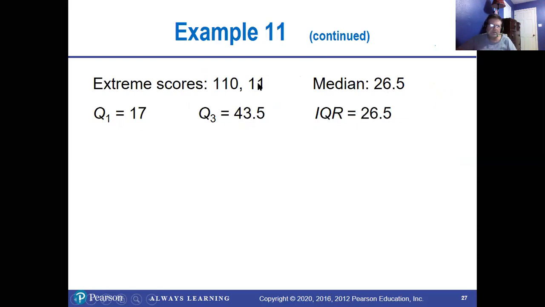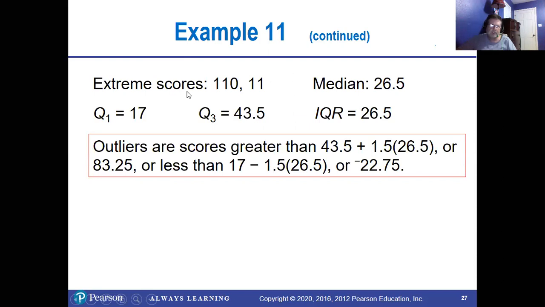Now we need to decide, are these numbers going to be outliers or not? So it says outliers are scores greater than 43.5 plus 1.5 times 26.5. Okay, notice the numbers we're using. Let's share that real quick so you can see it again.